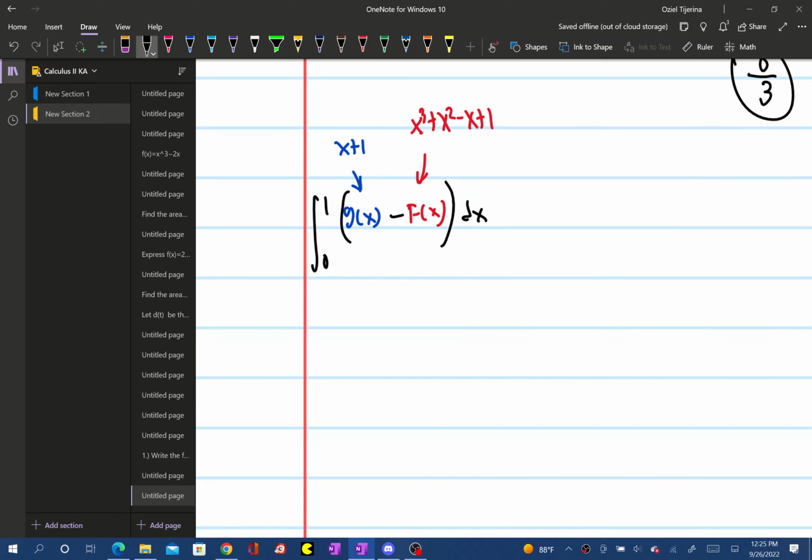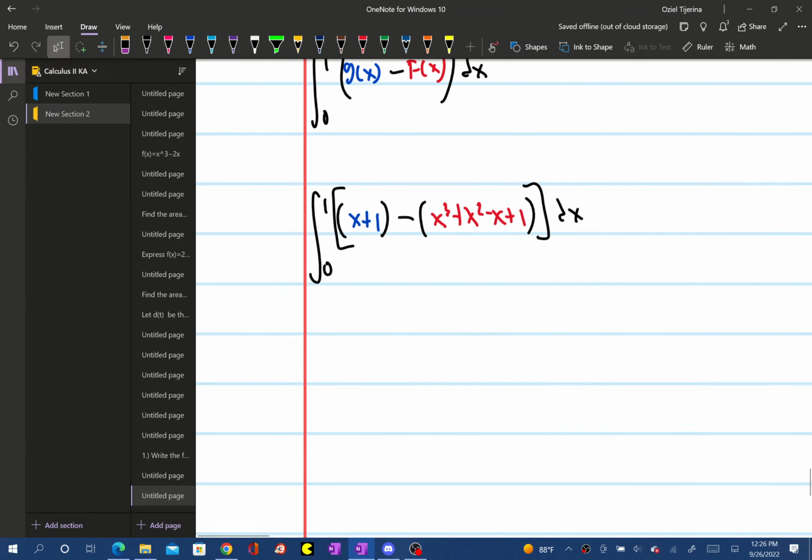Okay, so now you're going to do the integral from 0 to 1 of the following. So it's going to be x plus 1, and then minus, and then you're going to do x cubed plus x squared minus x plus 1. Okay, and all of this with respect to x.